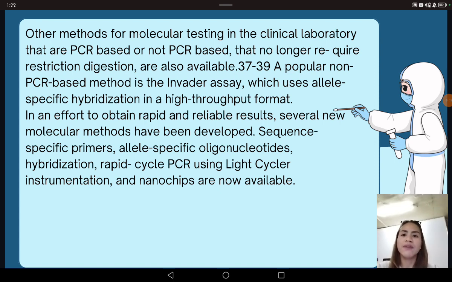Additionally, to achieve fast and accurate results, several other molecular methods have been introduced. This includes sequence-specific primers, allele-specific oligonucleotide hybridization techniques, rapid cycle PCR using specialized instrumentation like the LightCycler, and the use of nanochips. These methods offer an efficient way to analyze genetic material, providing rapid and reliable results for various clinical applications.